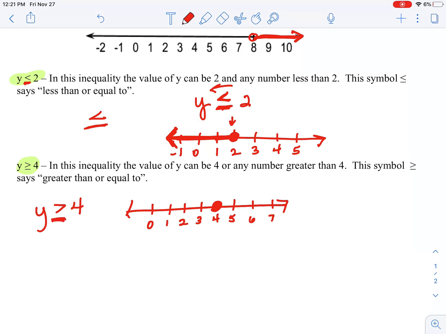Anytime it has that equal to part, it is a closed circle because y can be equal to 4 or y can be greater than 4. That's showing that when you go ahead and darken that arrow, it continues. The possibilities keep going.